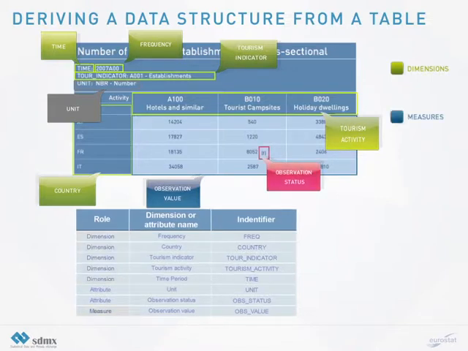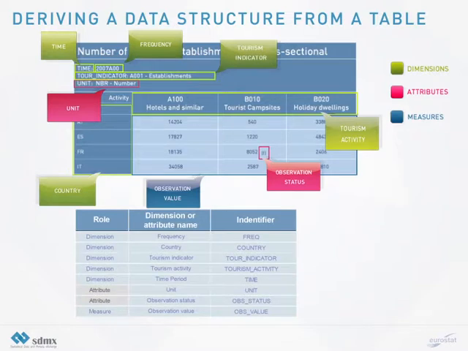The observation status and unit further explain the figures as an attribute. We can see that they are displayed at different levels of the table. This depends on whether the attribute explains only a single figure, a group of figures, or the entire table.